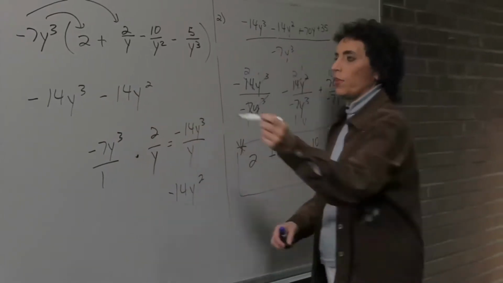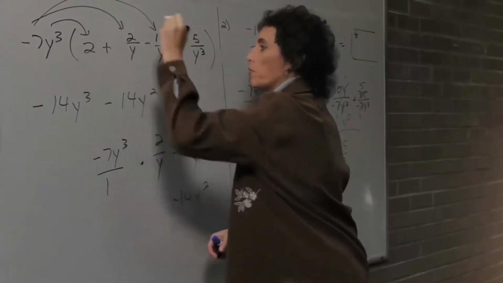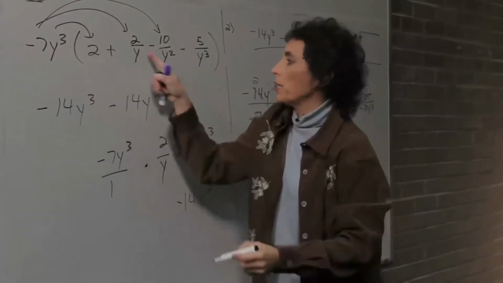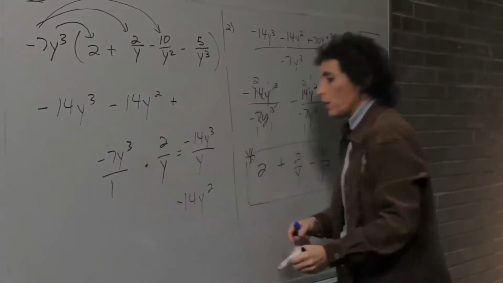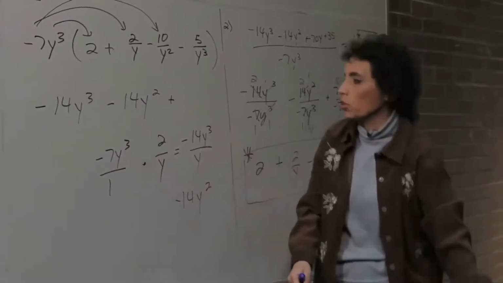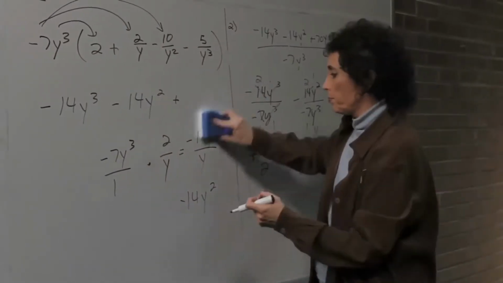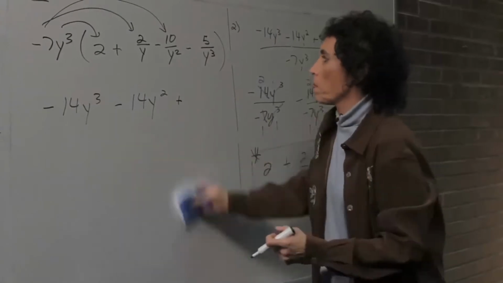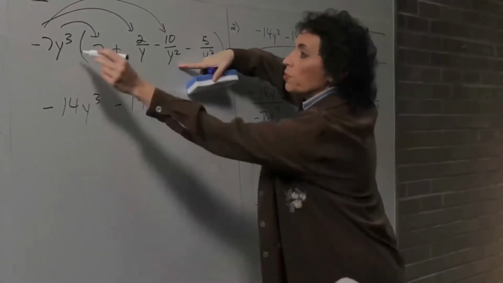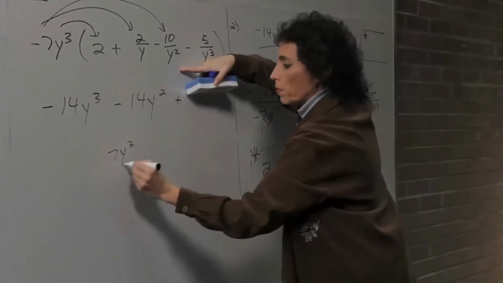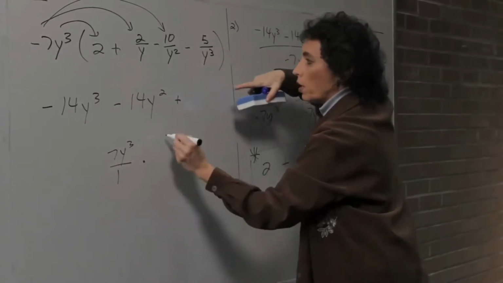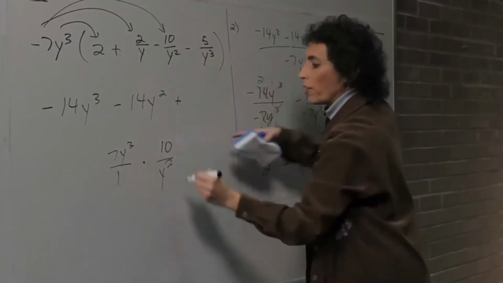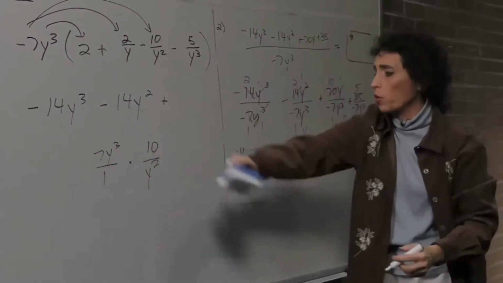Okay? Now, we're going to multiply this. So here we go. A negative times a negative is a positive. Now I'm going to show that work down here just so you can see it. 7y cubed over 1 times 10 over y squared. I didn't write the negative because I took care of the sign already, so don't worry about that.